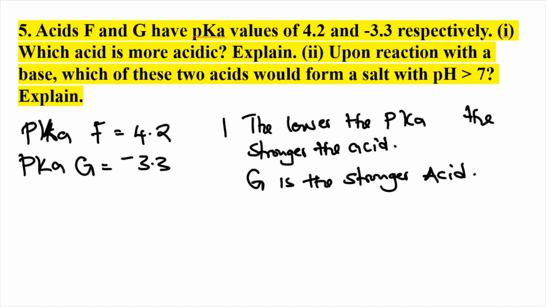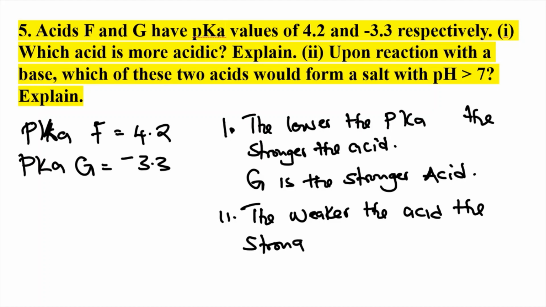So that is 1. 2 says upon reaction with a base, which of these two acids would form a salt with a pH less than 7? Okay. So here the weaker the acid, the stronger the conjugate base.